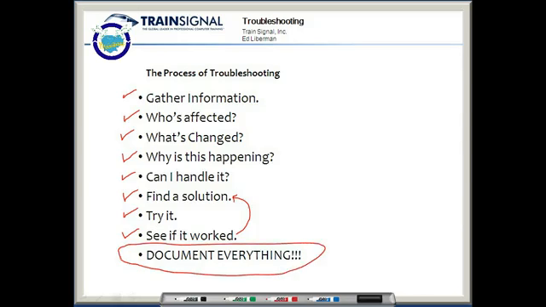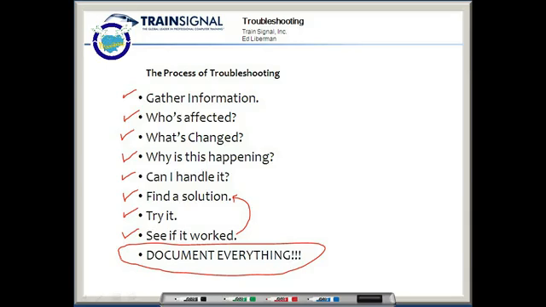If there's a problem on the network and you gathered your information, you figured out who and what is affected, you saw what changed, you figured out why it's happening. If you could not handle it, if you escalated it, that's okay. I told you, once you've escalated it, doesn't mean you can't follow up with it. After you follow up with it, you can still document. But if you don't escalate it and you work on finding the solution yourself, document it.